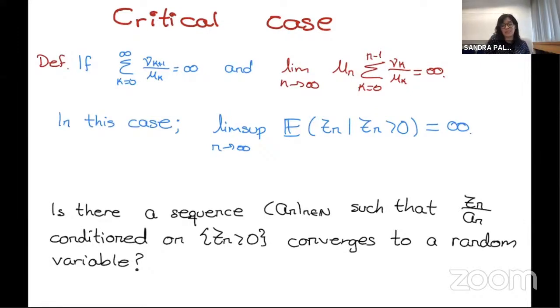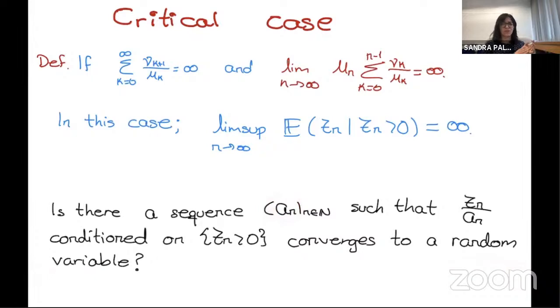So a natural question is if there is a sequence an such that Z_n over an conditioned on survival converges to a random variable. The answer is yes, there is, but we will have to find the an and also the random variable.